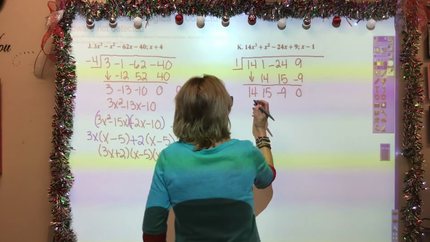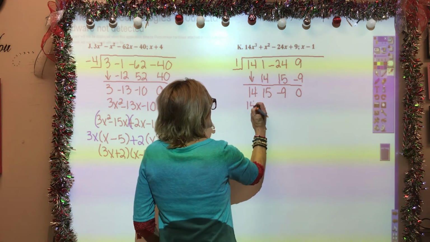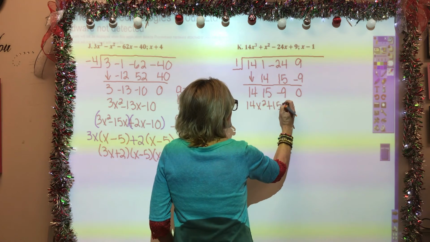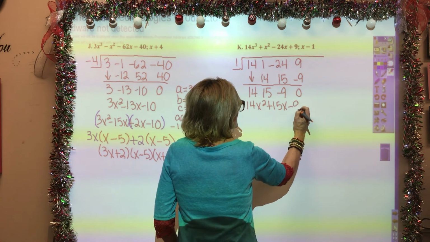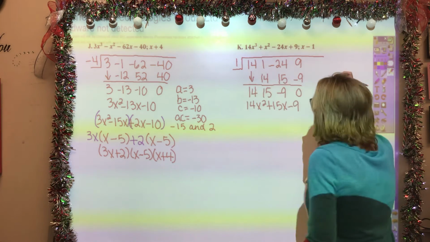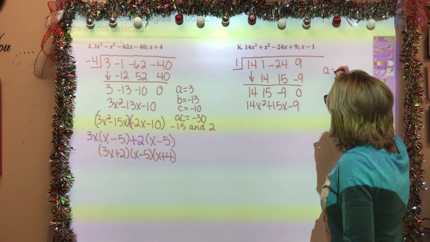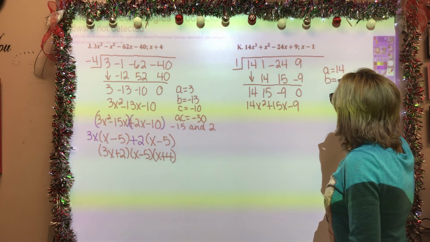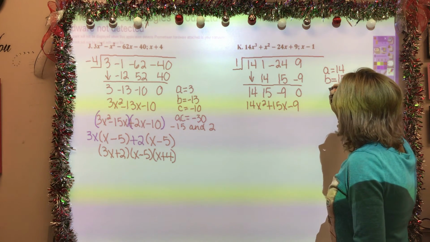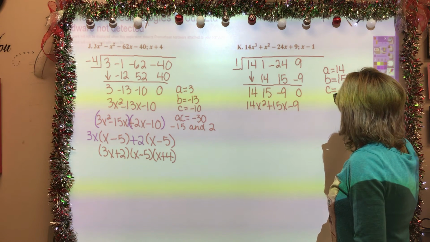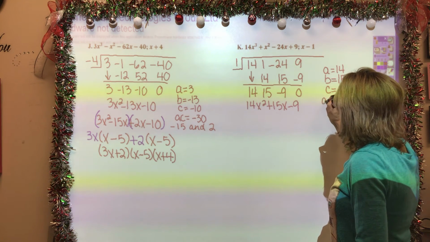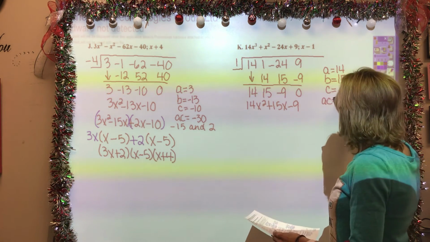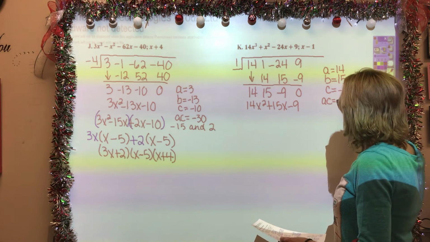Now what we've got is 14x squared plus 15x minus 9. So our A is 14, our B is 15, our C is negative 9, and our AC, 14 times negative 9, is negative 126.